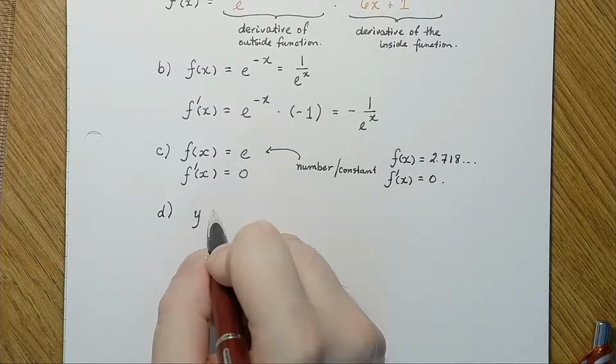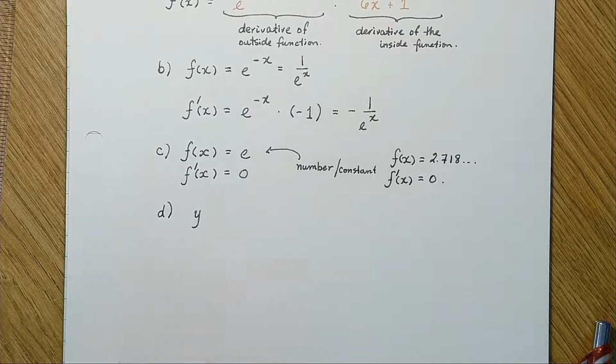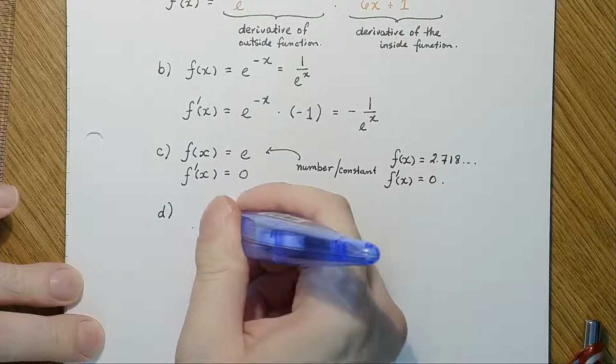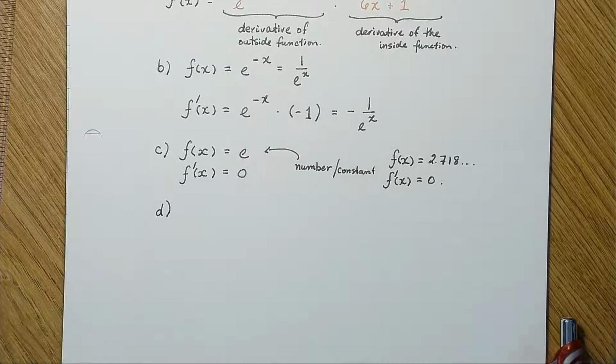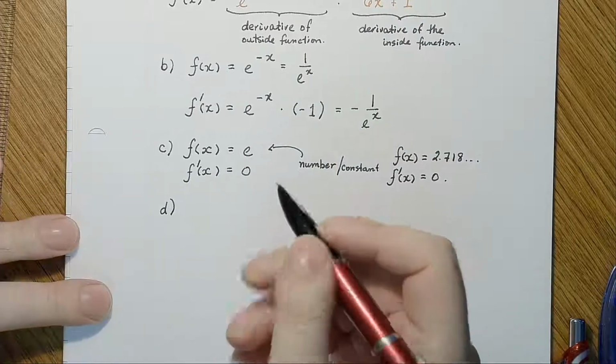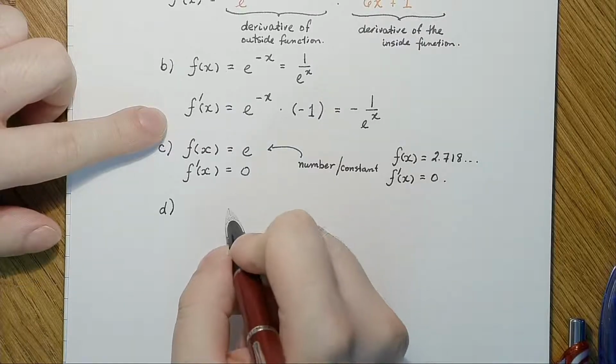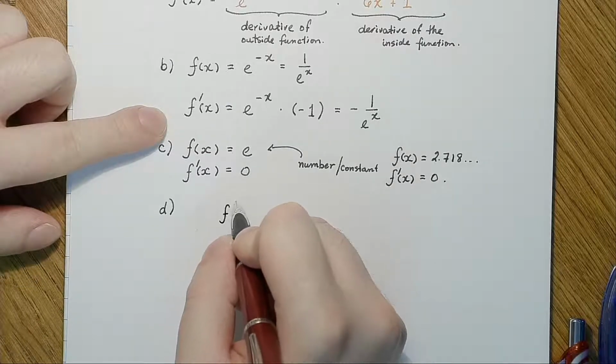So in case 2, would the second derivative be... Oh, that's a good question. Somebody's asking about if I took the derivative again. So in this case here, let me write that again.